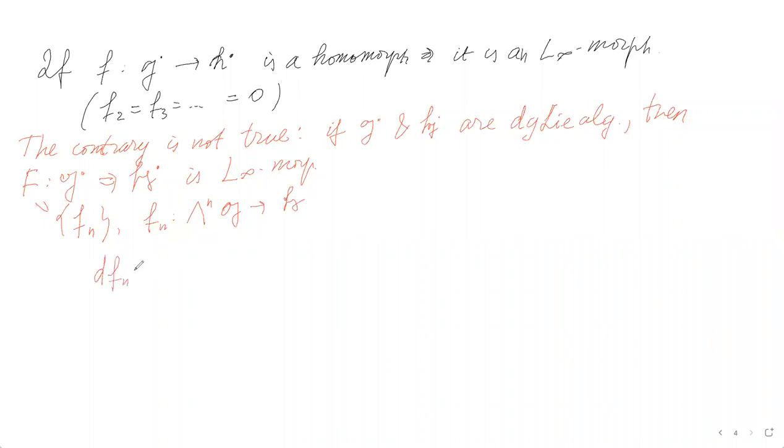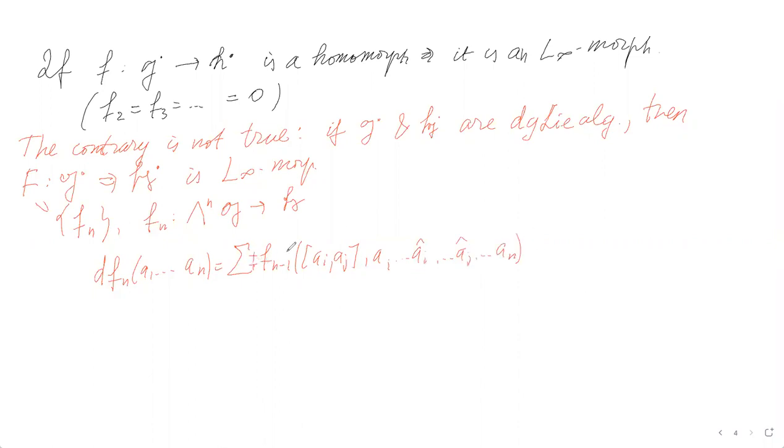D of Fn applied to A1 to An should be equal to the sum of two sums. The first sum is just given by Fn minus 1 applied to the bracket of Ai, Aj, comma, A1, and so on, with Ai and Aj omitted, up to An.